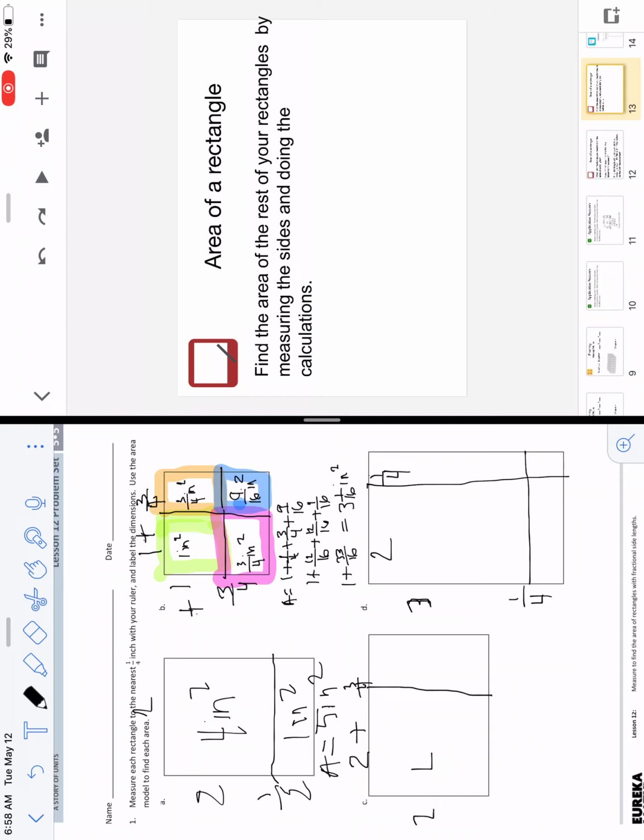2 times 2 is 4 inches squared. 2 times 3/4 is 1 1/2 inches squared. So we have a total of 5 1/2 inches squared. 2 times 3 is 6 inches squared. 3/4 inches squared.